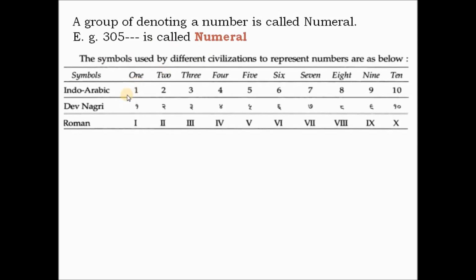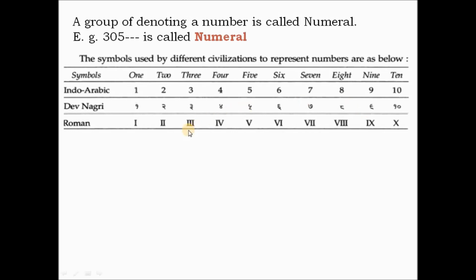There are various symbols used by different people all over the world. For example, in Indo-Arabic, we use these symbols, that is 1, 2, 3, 4, 5, 6, 7, 8, 9 and 10. Whereas in Devanagari, these are the symbols for representing the same numbers.